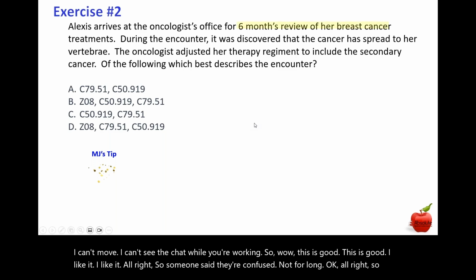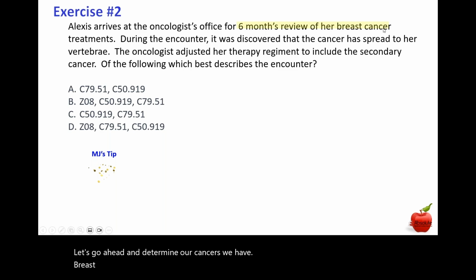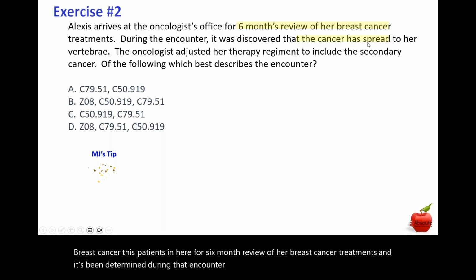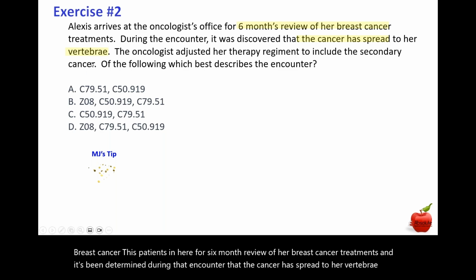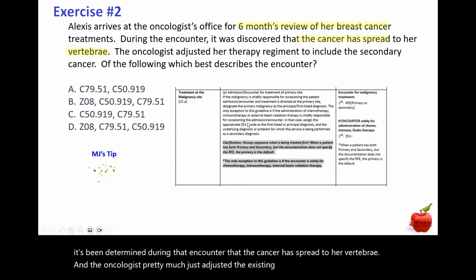So, let's go ahead and determine cancers. We have breast cancer. This patient's in here for a 6-month review of her breast cancer treatments. And it's been determined during that encounter that the cancer has spread to her vertebrae. And the oncologist pretty much just adjusted the existing therapy.